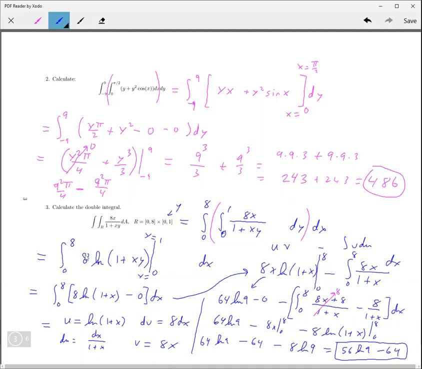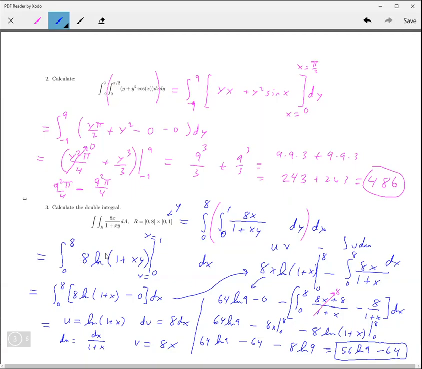Okay, so the idea is to take the partial of this with respect to y. Would you have the x then? It'd be 8x ln 1 plus xy.